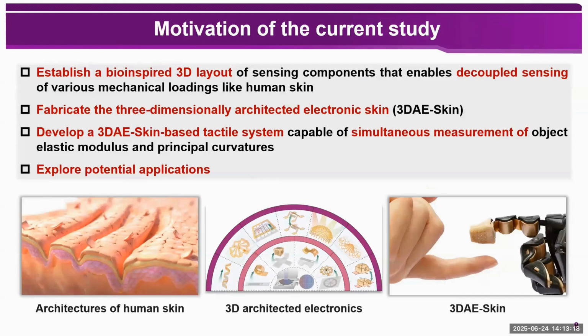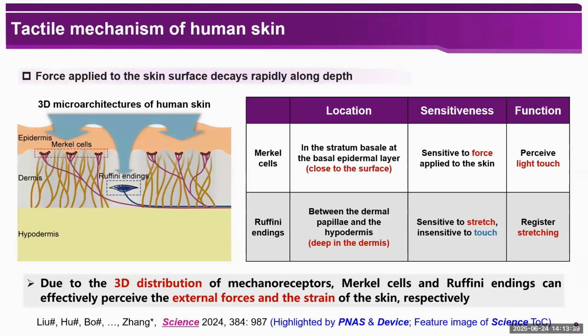I will also introduce a mechanics-guided 3D assembly approach to allow the fabrication of the 3D e-skin. Of course, this e-skin device can be integrated with the data acquisition and the signal processing modules to form a tactile system for simultaneous measurements of elastic and local shape. Well, I will first introduce the bio-inspired design of the 3D e-skin.